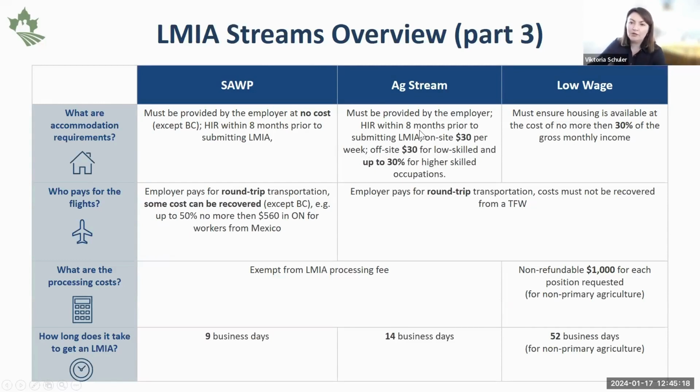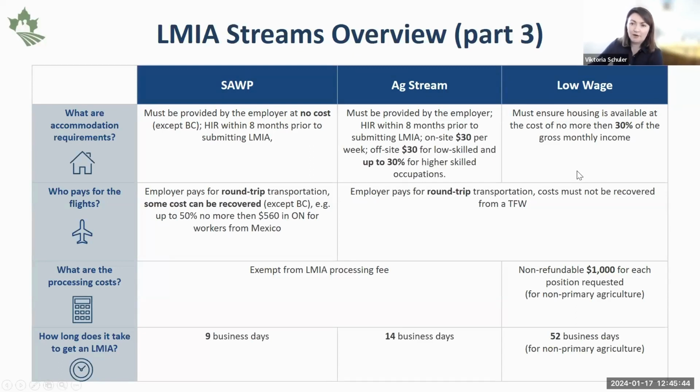And if the worker is provided with accommodation on site, you're only allowed to charge $30 for the low skilled worker and up to 30% of gross monthly income, including the utilities, for a higher skilled occupation. And for low wage, you just must ensure that there is accommodation available in the area, and the cost of accommodation is no more than 30%.